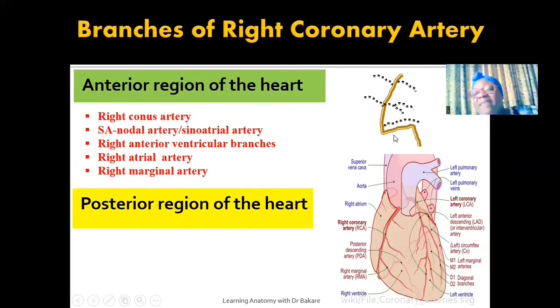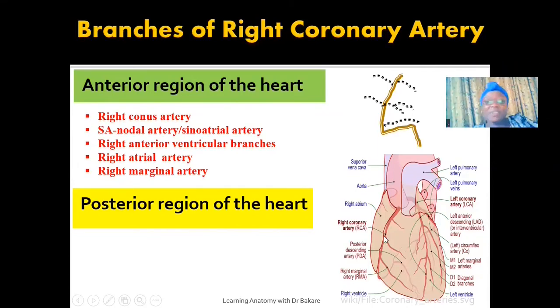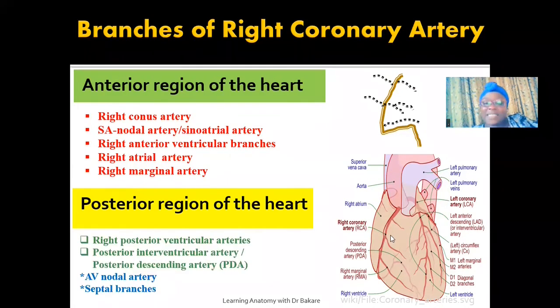Then when it is directed towards the inferior surface of the heart or the diaphragmatic surface of the heart, it also has branches that emerge from the right coronary artery. We already said that when the right coronary artery gets to the inferior border of the heart, there is a turn onto the inferior or diaphragmatic surface, and the branches that it gives at this region are referred to as the posterior branches of the right coronary artery, and this would include the right posterior ventricular arteries and also the posterior interventricular artery or the posterior descending artery, PDA.